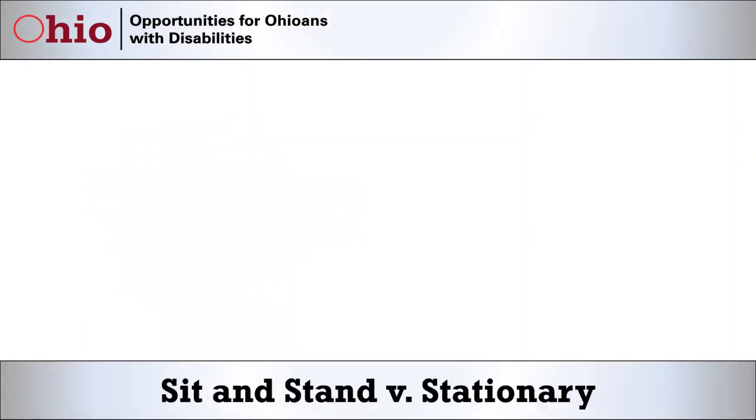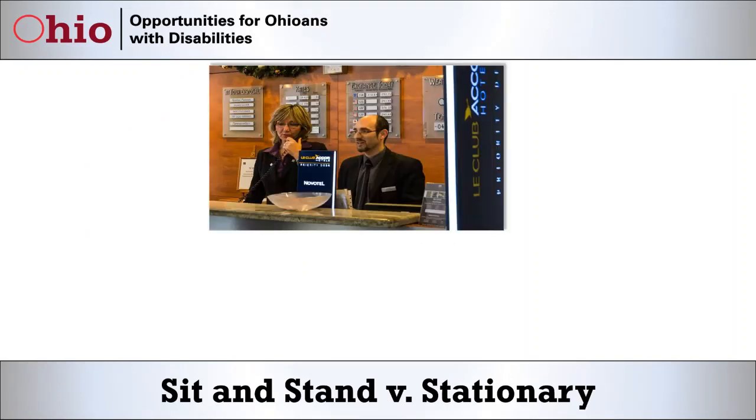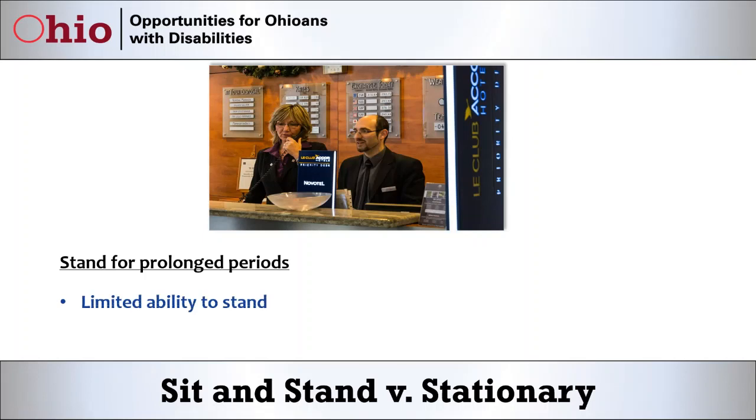Dustin, let's say a candidate is reviewing the job description for a front desk hotel clerk position. The job description states one of the job's essential functions is to stand for prolonged periods to check in guests when they arrive. The candidate has a disability that limits the ability to stand for more than 1 hour at a time.